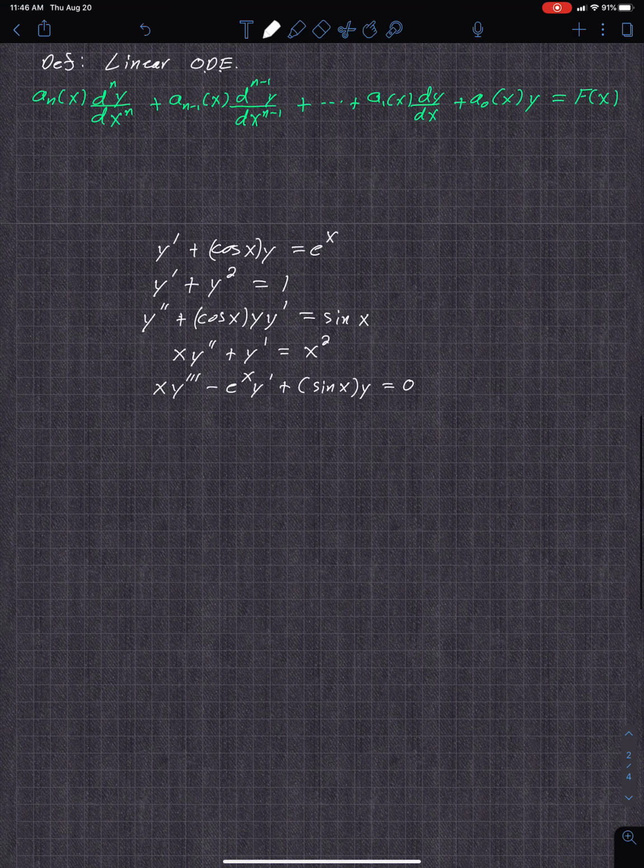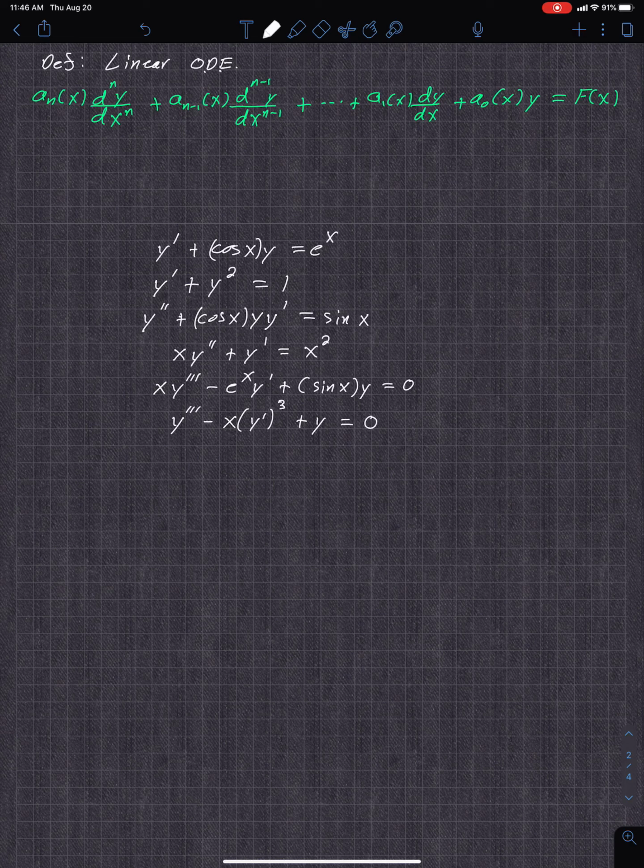And I have one more: y triple prime minus x times the entire y prime cubed, plus y equal to 0.